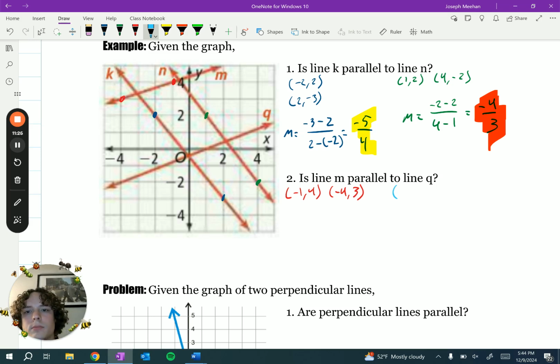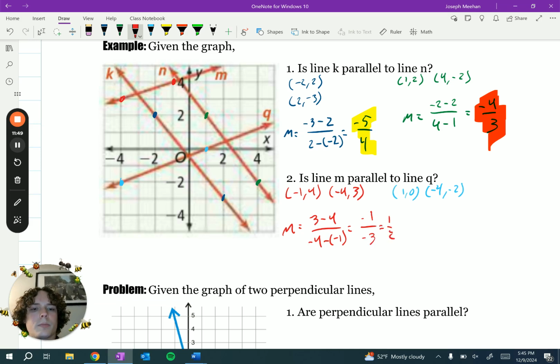So let's say (1, 0) and then (-4, -2). All right, let's figure out the slopes. The slope of M is 3 minus 4 over -4 minus -1. That'll be -1 over -3, that's 1/3.